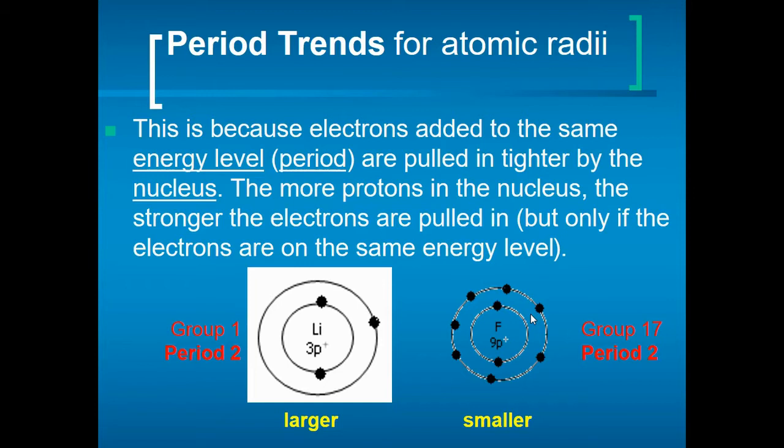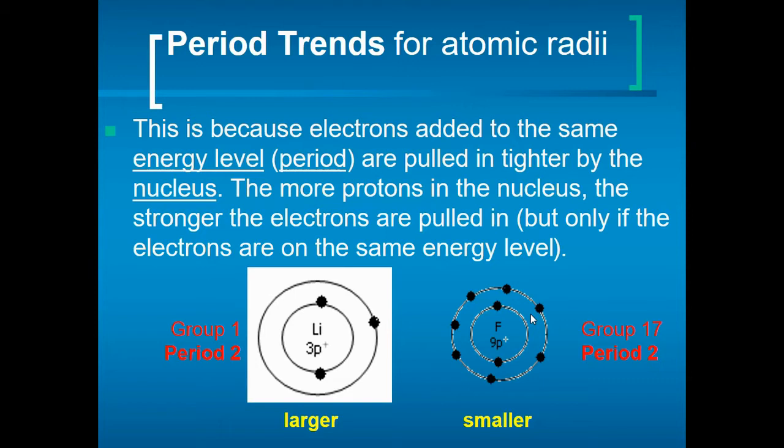So as you're pulling on those electrons, the whole thing shrinks in because you've got more parents, more adults keeping their eye on those valence electrons, those electrons on the outside. They're pulled in tighter to the nucleus because of the stronger nuclear pull, that positive pulling on that negative. The more protons in the nucleus, the stronger the electrons are pulled in.